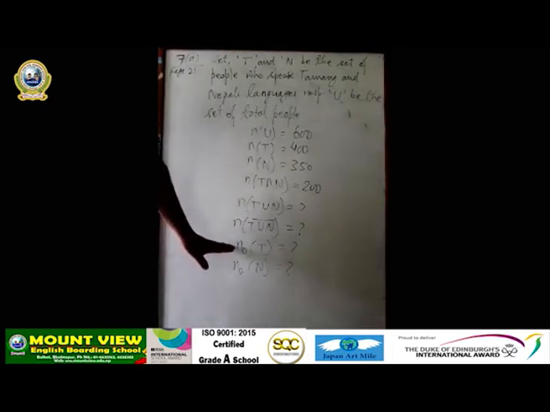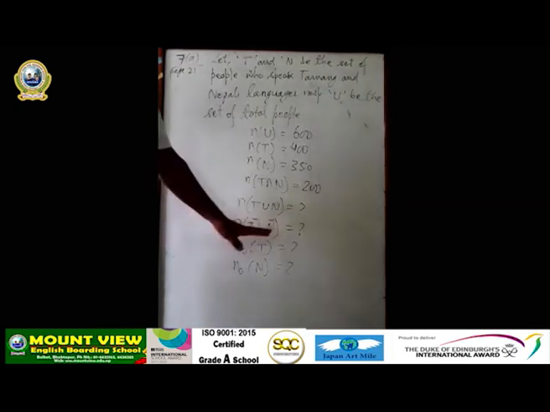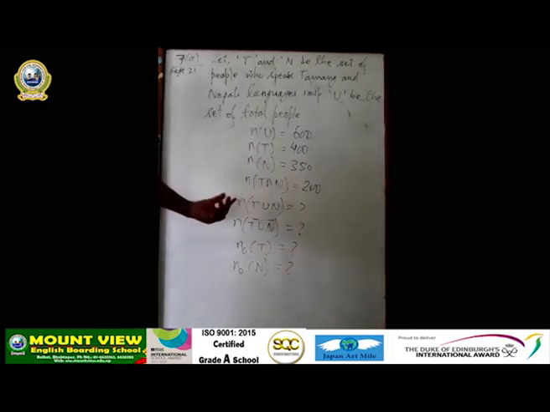How many people can speak only Tamang? How many can speak only Nepali? How many people can speak neither Tamang nor Nepali? अनि how many people can speak either Tamang or Nepali or both?